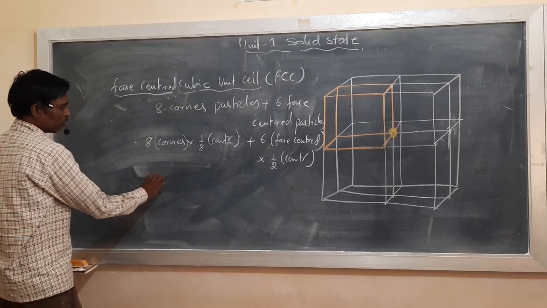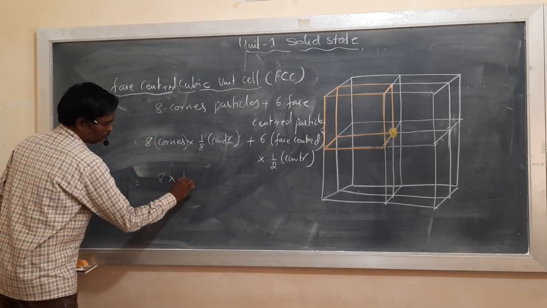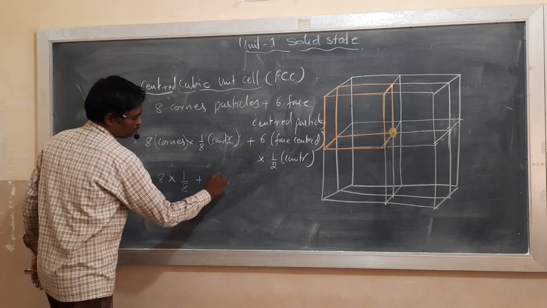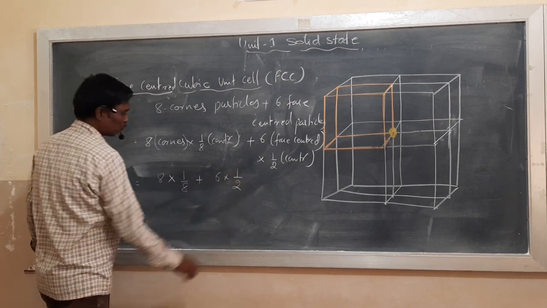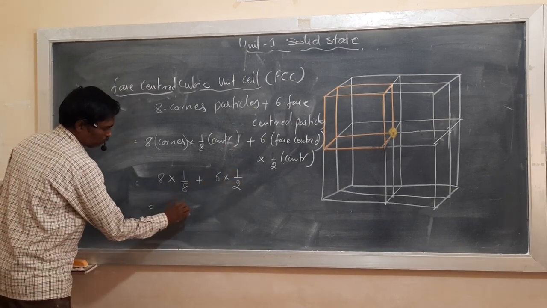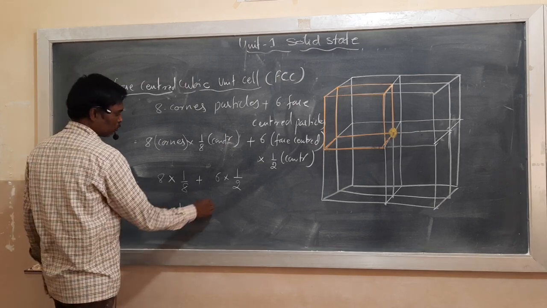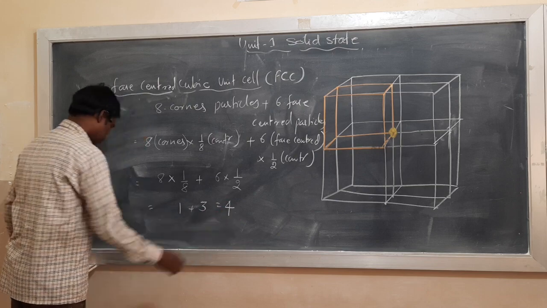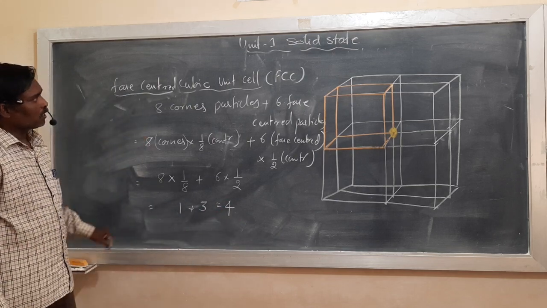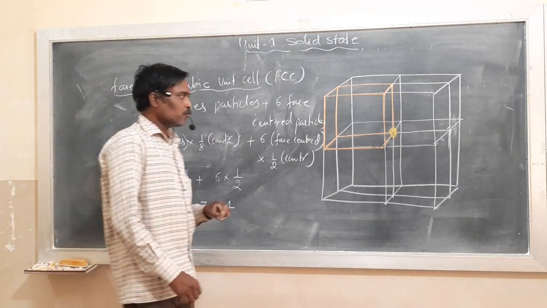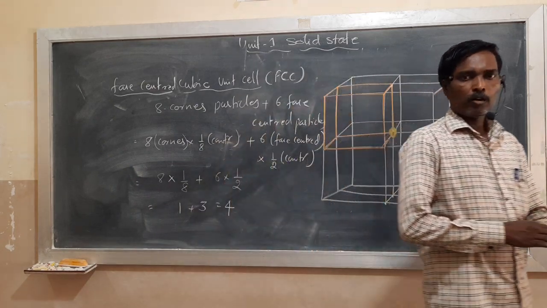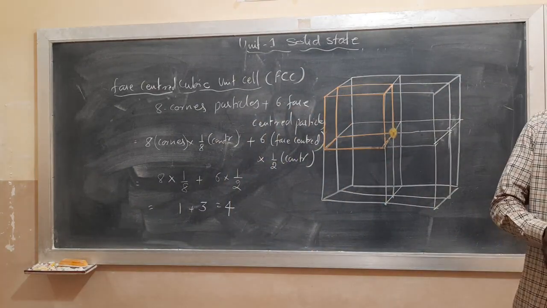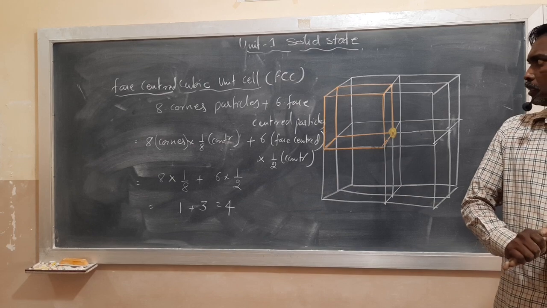Now simplify: 8 into 1 by 8 plus 6 into 1 by 2. So 8 into 1 by 8 is 1, plus 6 into 1 by 2 is 3, so that equals 4. Therefore, the total number of particles in the FCC unit cell is 4. This is the calculation of particles in the face-centered unit cell.